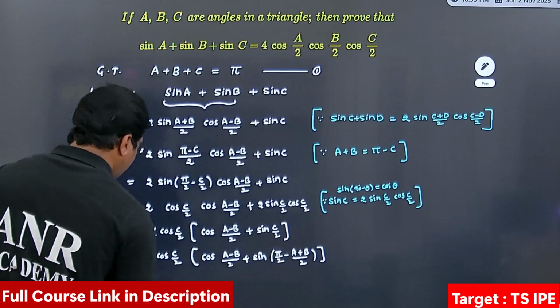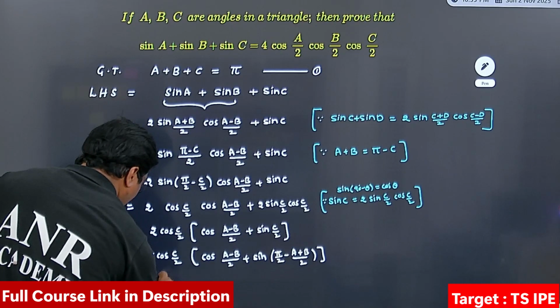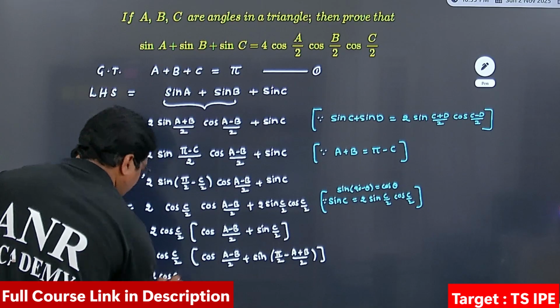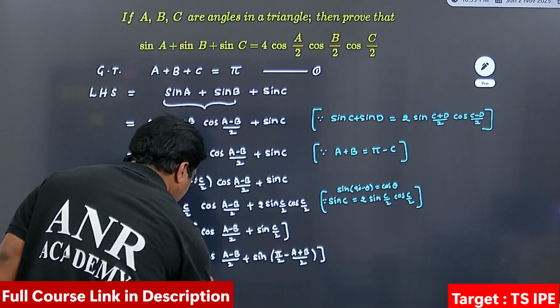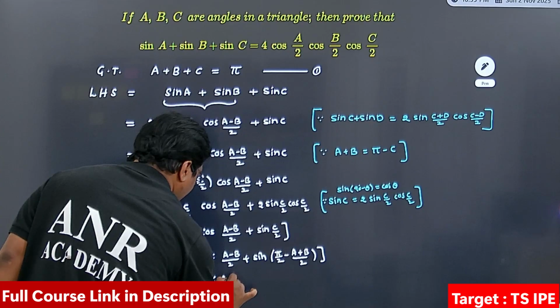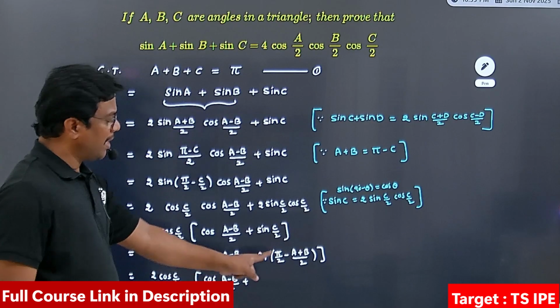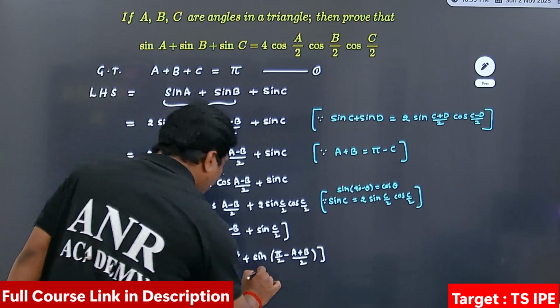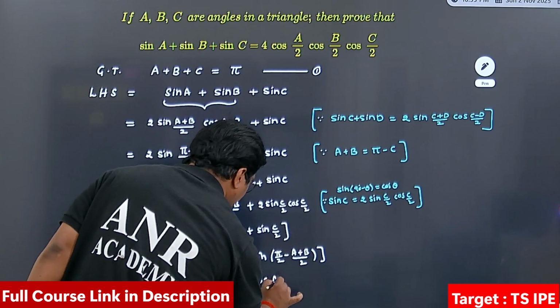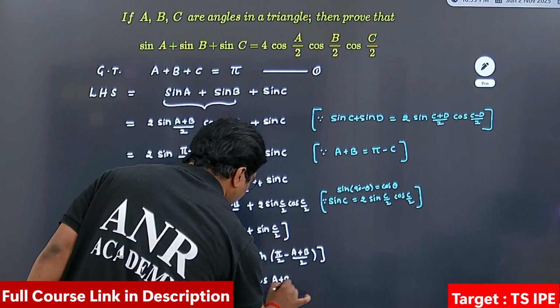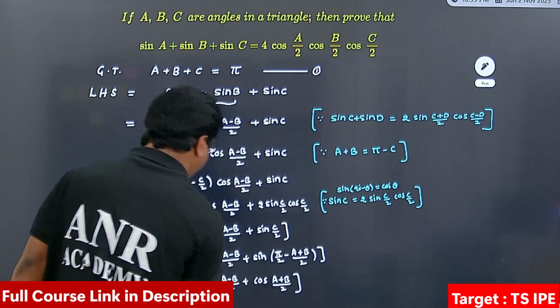Therefore you can write 2 times cos C by 2 times [cos of (A minus B) divided by 2 plus, now sin (90 minus theta) can be written as cos theta, so that it is cos of (A plus B) divided by 2].